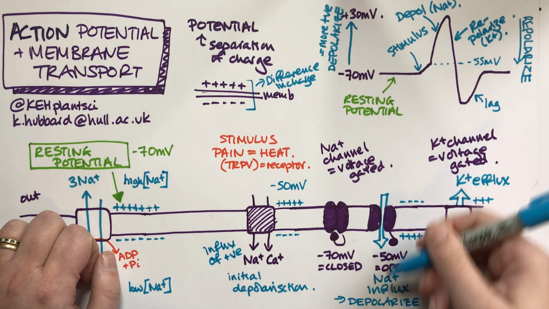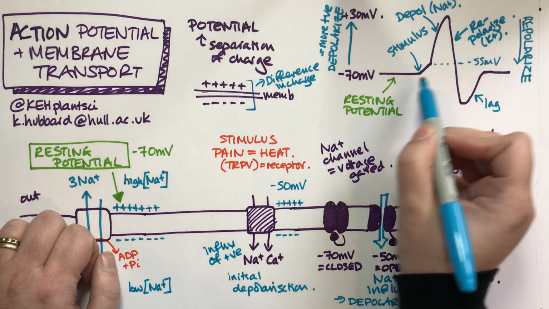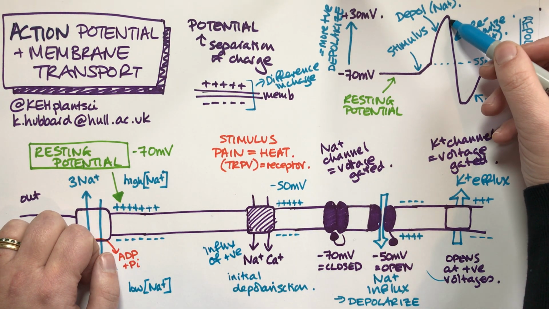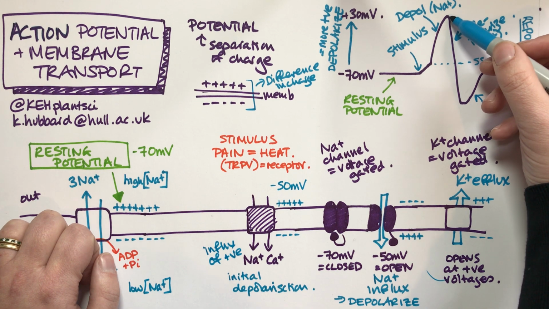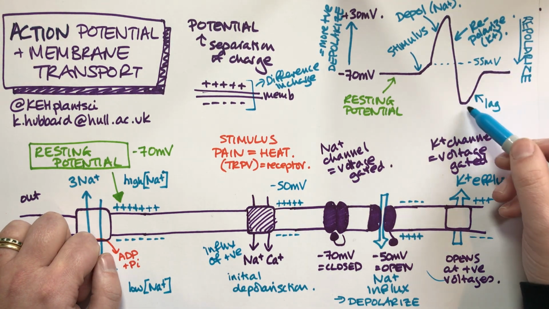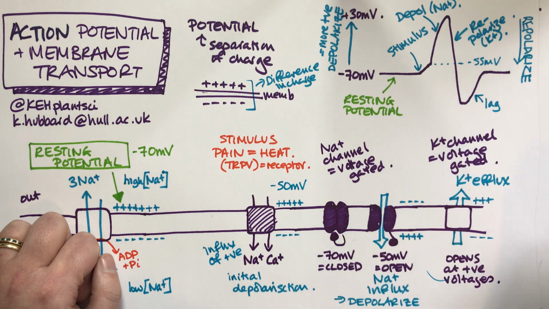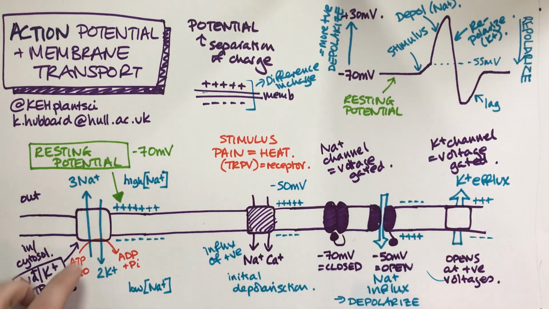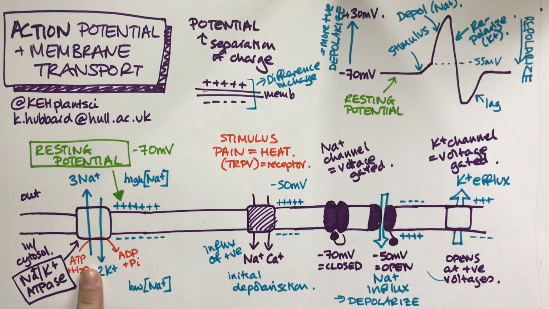So we've got a massive influx of positive charge, which we call the depolarization. So that's why the graph goes very spiky. When we go to the positive, that opens the potassium channels. So the potassium channels open, so all the potassium starts to leave. So we get a very rapid repolarization, and then the system takes a little while to reset itself to normal to re-establish this resting potential at minus 70 millivolts.